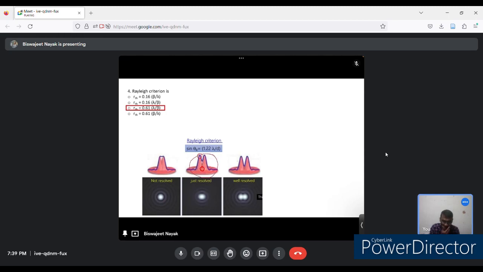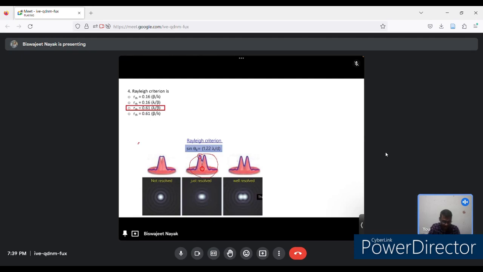Okay, so let me explain this one. Let's say two points are there and they're very close. Draw that waveform and make me understand it. I'm going sequentially.